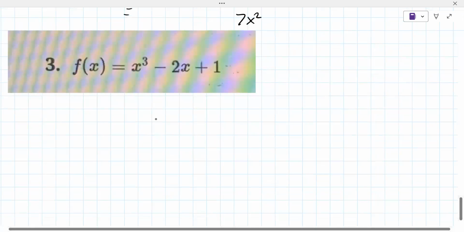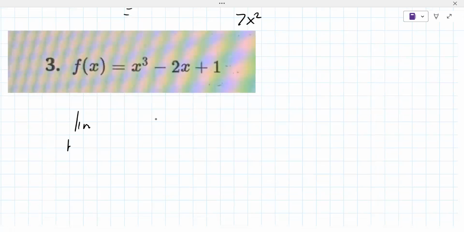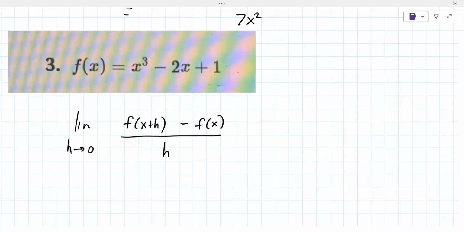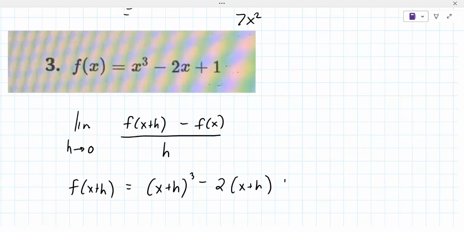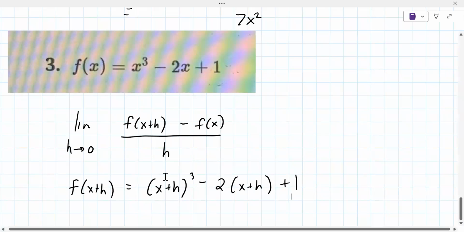Okay, so it's the limit as h goes to 0, f of x plus h minus f of x all over h. So f of x plus h is x plus h cubed minus 2 times x plus h plus 1. So unfortunately, I have to expand this awfulness.